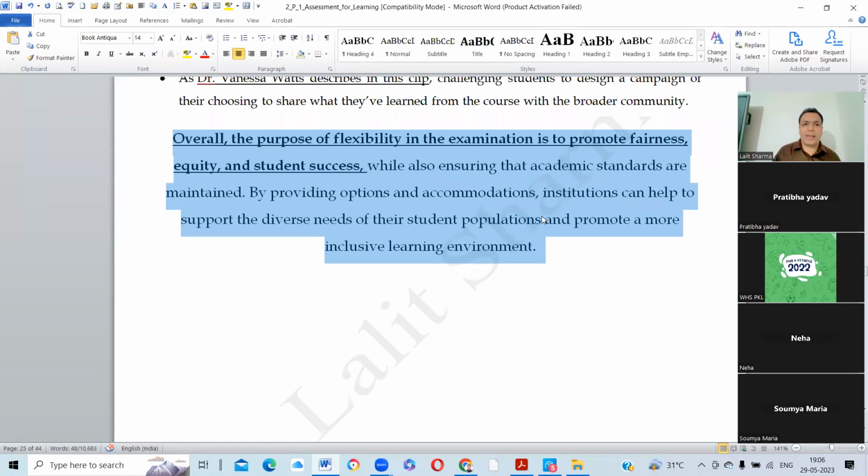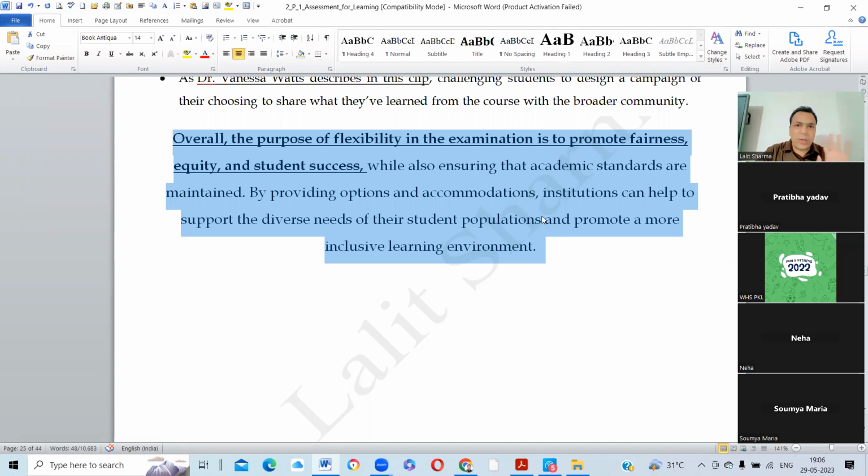Equity is the most important line, the most important word, equity, right? So equity and equality. Okay, equity here doesn't mean equality, guys, right? If you remember, in our second semester I think, we had the topic equity and equality. Okay, equity means different students having different needs, so we have to fulfill their needs.